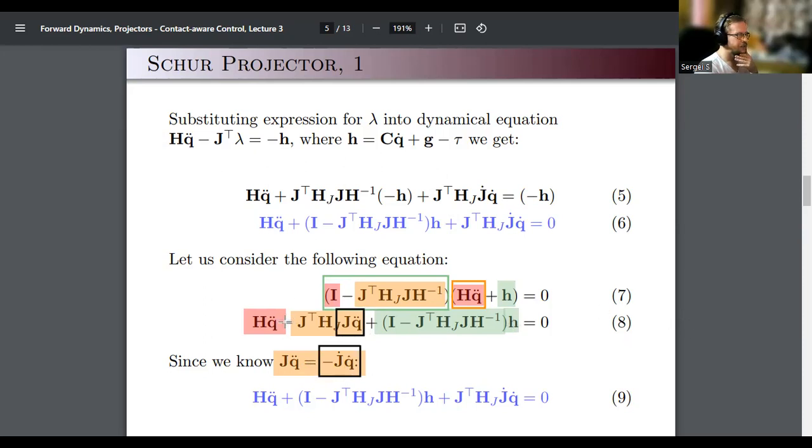And we have a minus sign here, so it will go away. So what we will have is the same expression, but now it will be J transpose H sub J, J dot q dot. Very interesting, but we can do it because it is part of the equation.